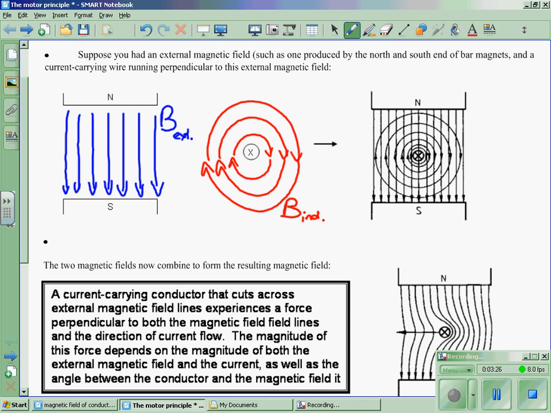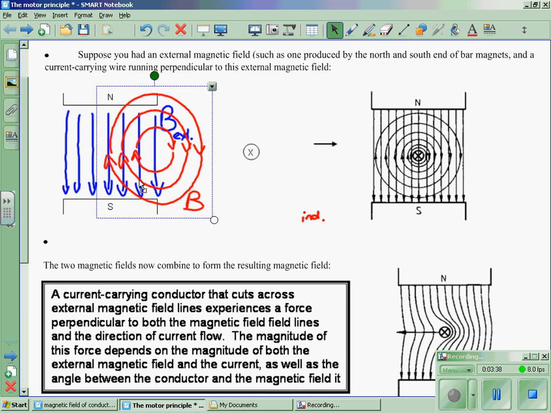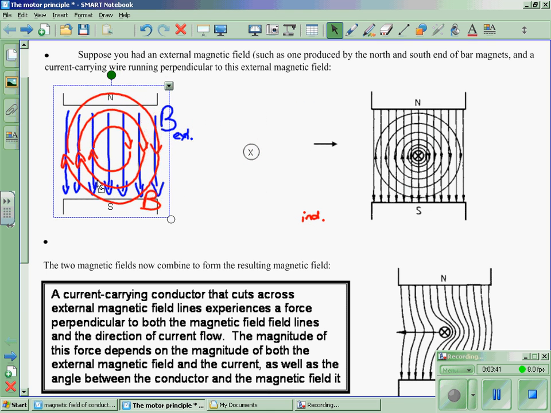Okay? Now, here's where things get really, I guess, tricky, if you will. What I'm going to do here is take my induced magnetic field and bring it into my external magnetic field, and you'll notice that two things tend to happen.